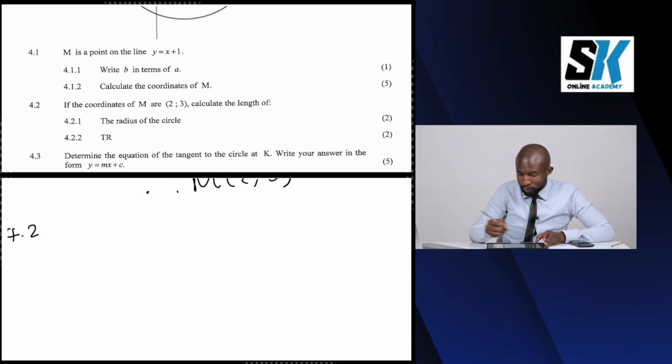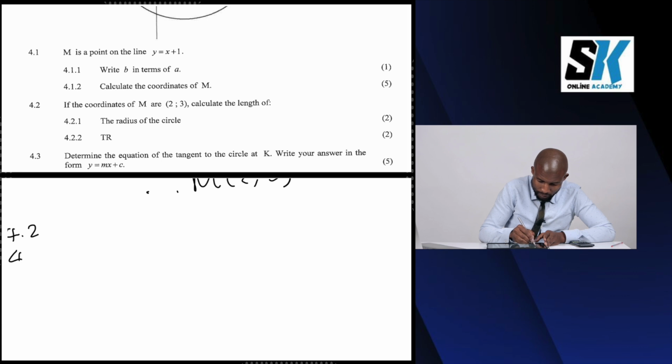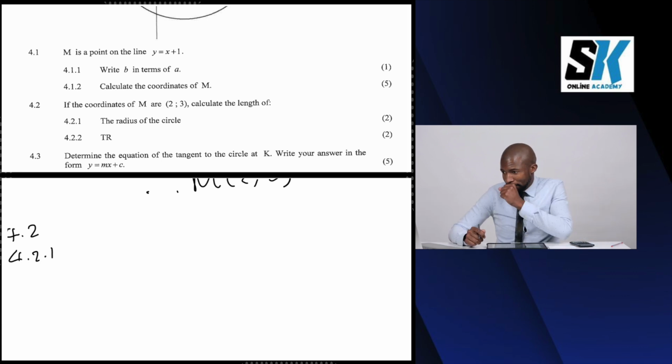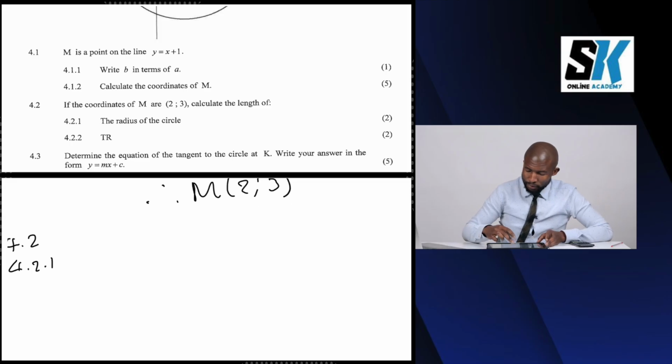So in 4.2, which is going to say 4.2.1, they say calculate the radius. So it's going to be easy now.